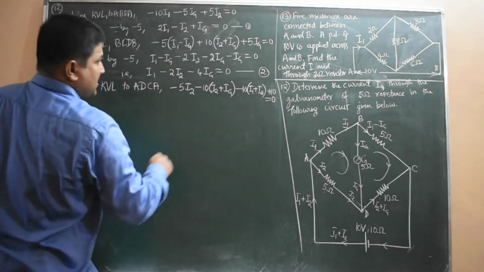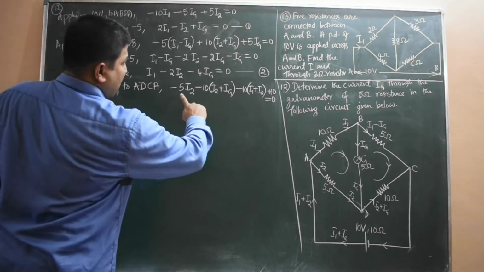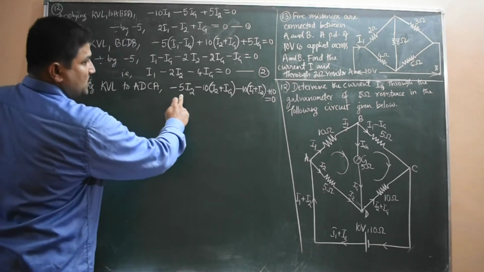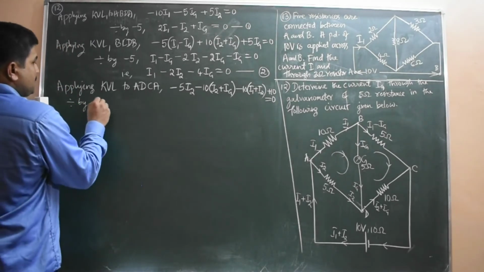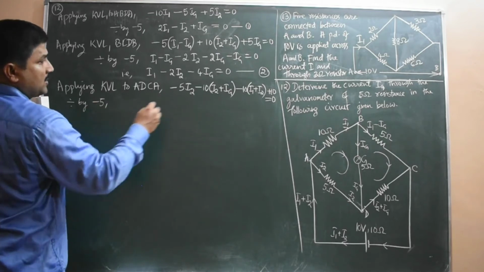Okay, so simplification. Again see, minus 5 is a common factor, so dividing throughout by minus 5. What happens here?